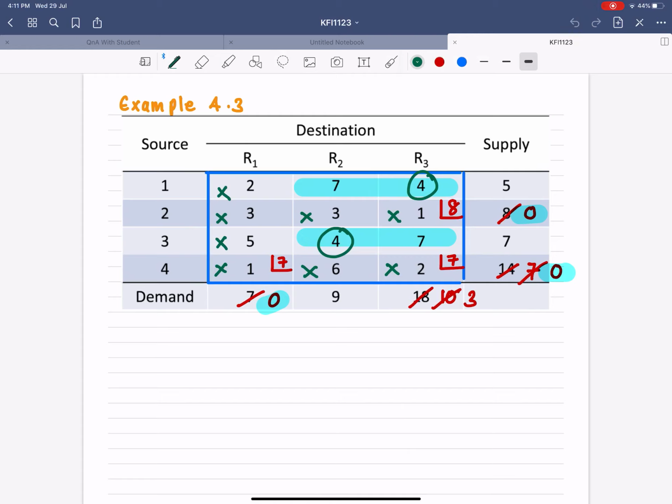If we consider this one, we compare 5 and 3. 3 is less than 5, therefore we should have 3 here.